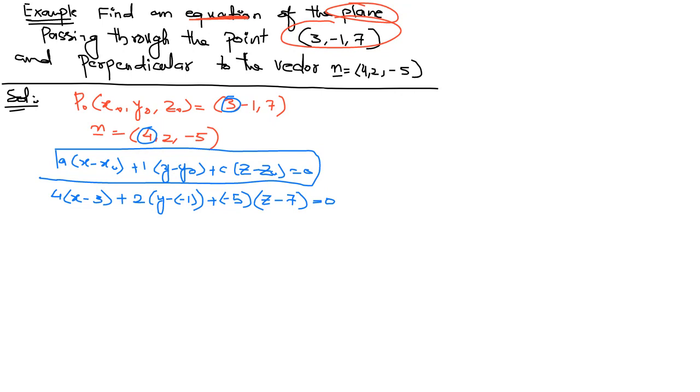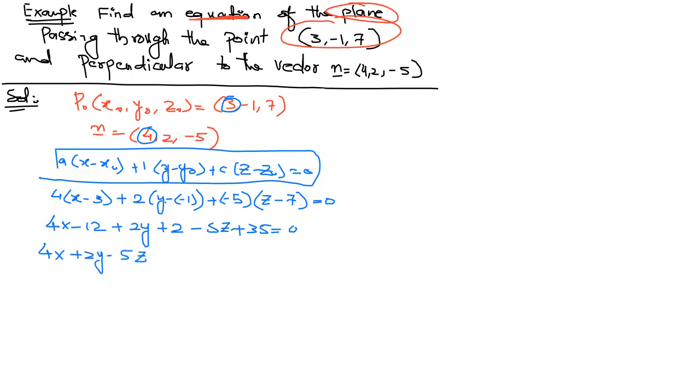Now you have to simplify this one. When you simplify, that is equal to 4x minus 12 plus 2y plus 2, minus 5z plus 35, equal to 0. Take the x terms and y terms separately, and minus 5z.